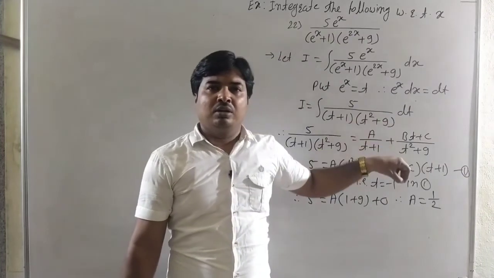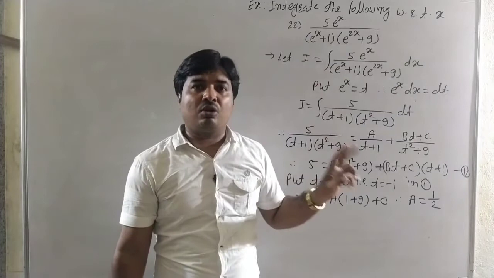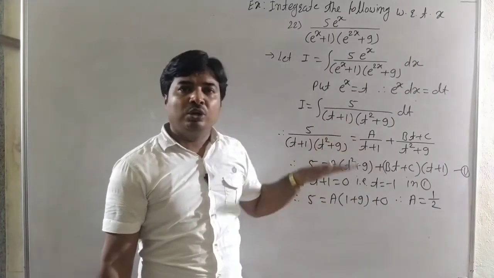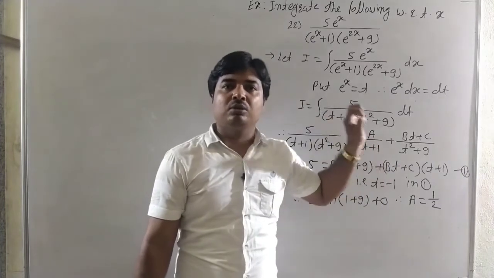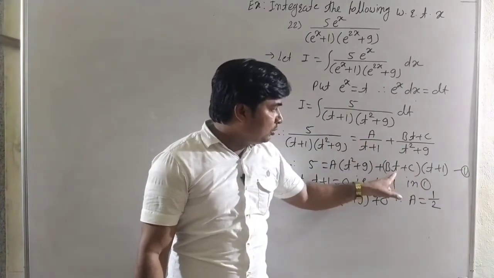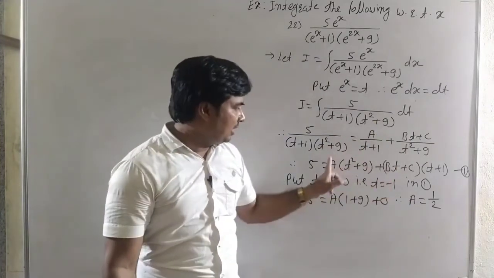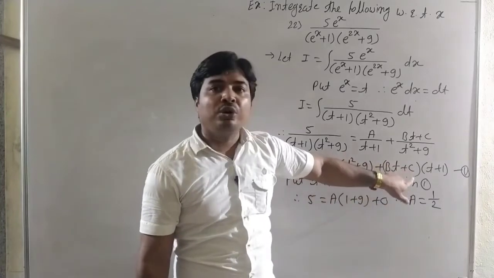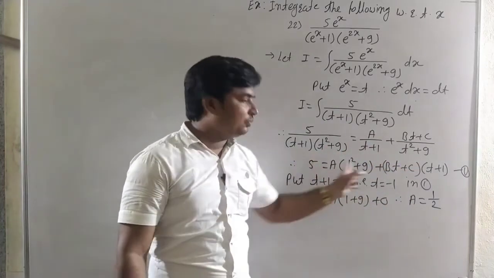When we have two unknown values, we need two equations. Now when we put t equal to 0, B can be eliminated and A is known, so there is only one unknown value, that is C, and we can find the value of C by using this equation.